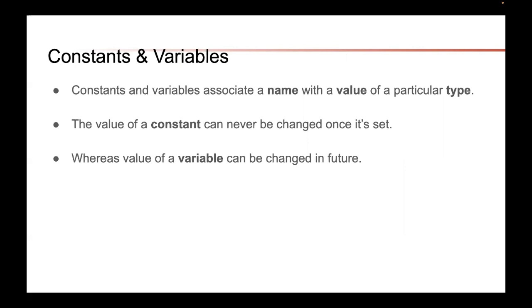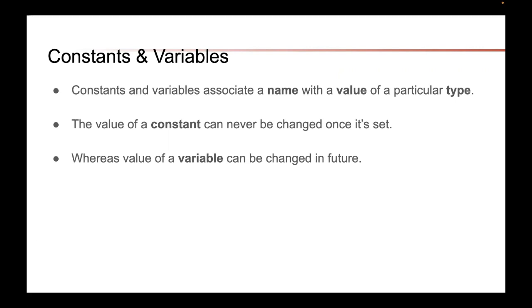So the first basic thing is Swift constants and variables. While defining, you give some name to a constant or variable. What constants and variables do is associate a name with whatever value you are providing, and that should be of a particular type.